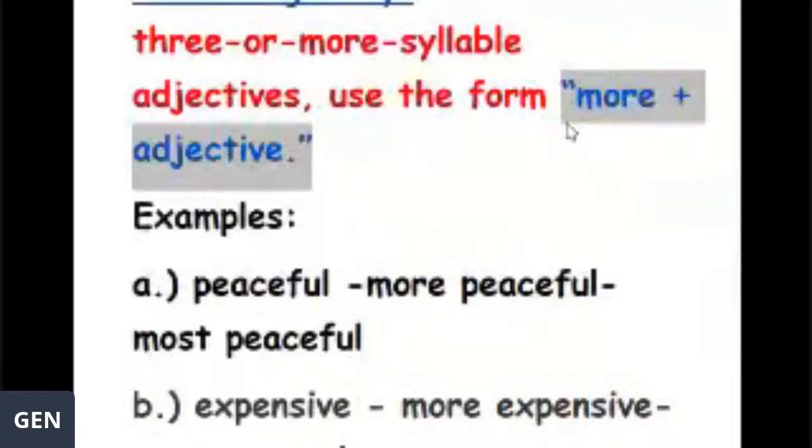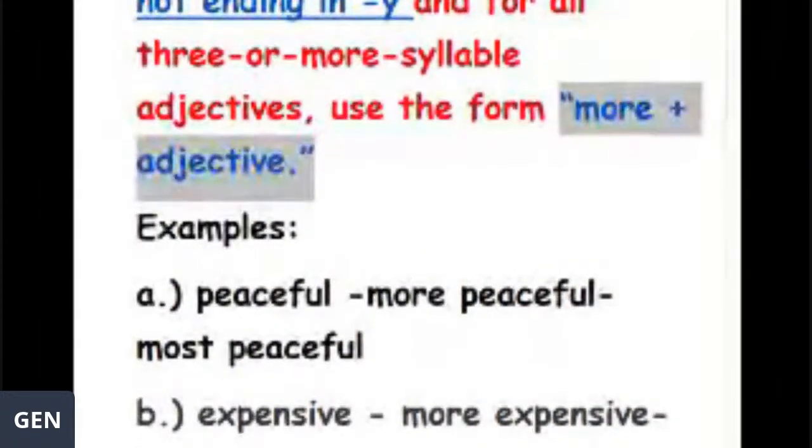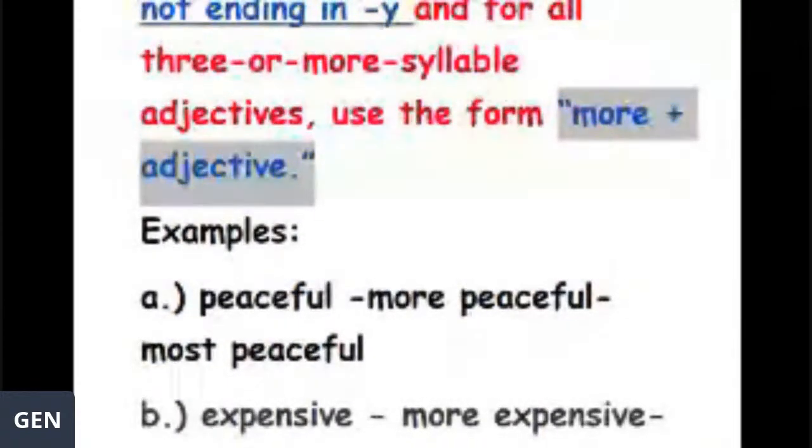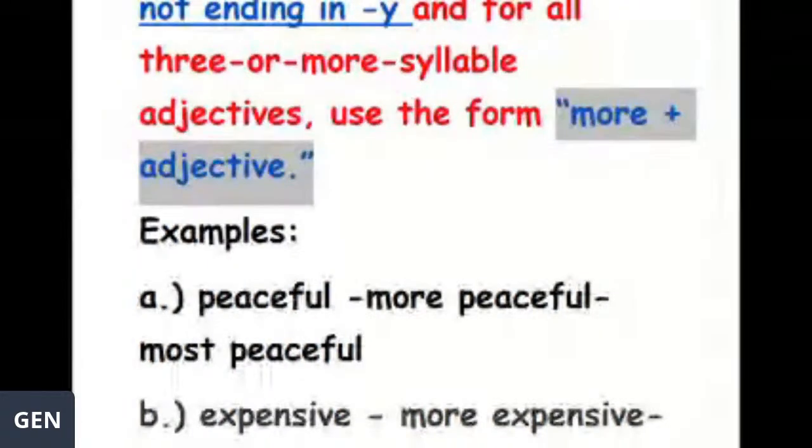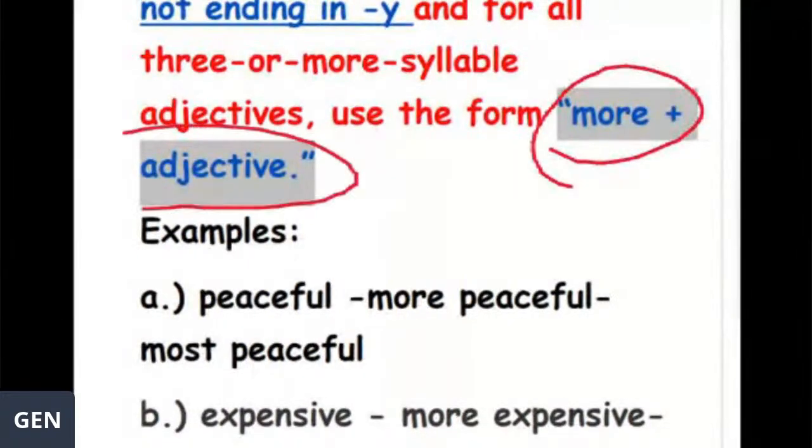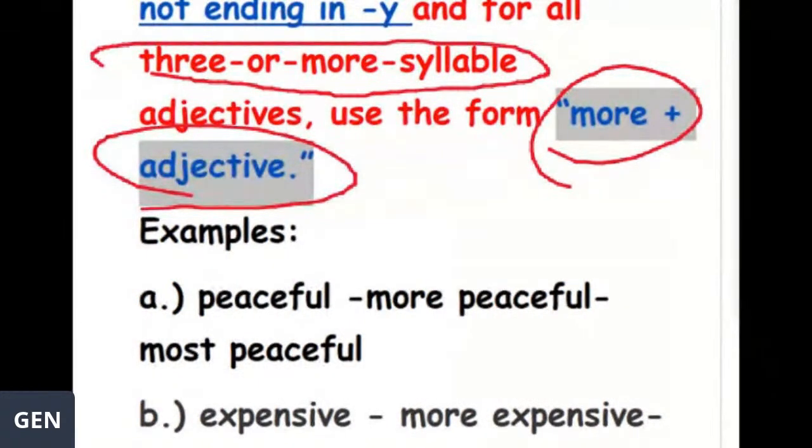Next, rule number 2. For adjectives that have two syllables not ending in y, and for all adjectives with three or more syllables, use the form more plus adjective.